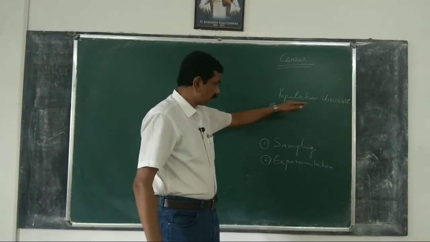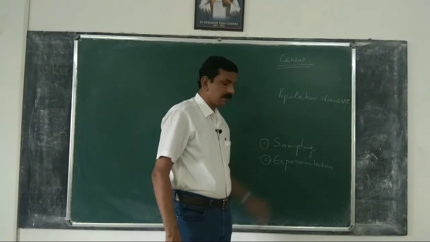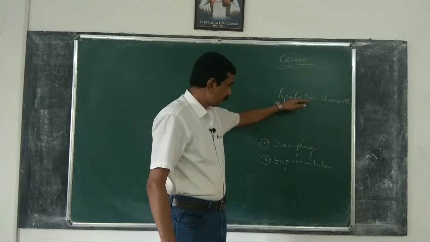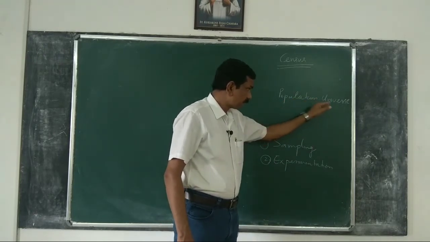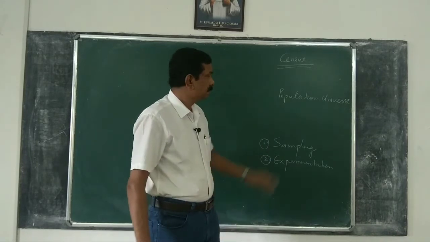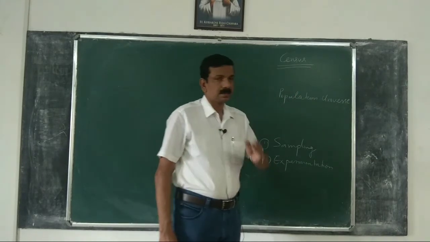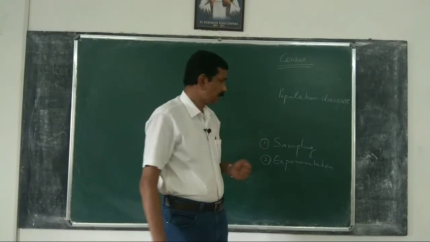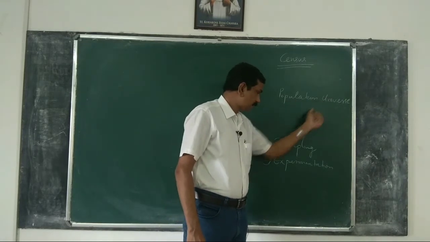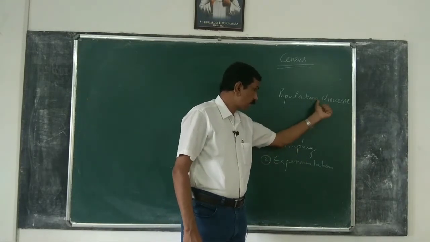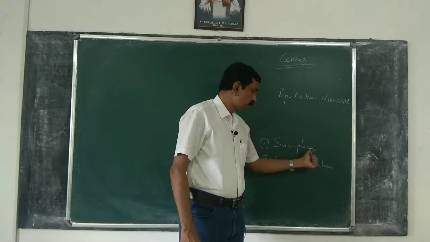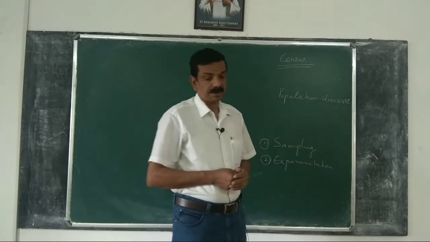We first make a difference between population and sample, and our aim is to collect information about population. One method is census, not very practical. So two other methods to collect information about population are sampling and experimentation.